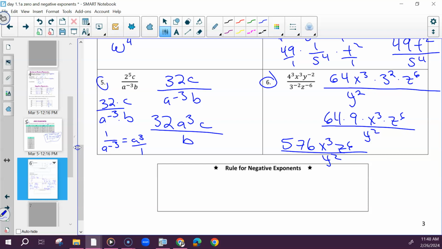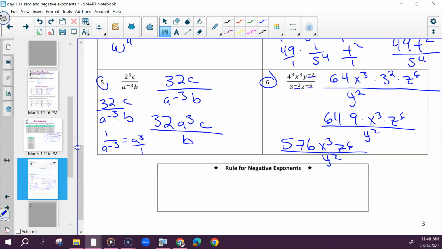Questions on that one? Where'd you get 9? How did we get 9? 3 squared is 9. Do you know which number goes on top? That depends if it has a negative exponent or not.